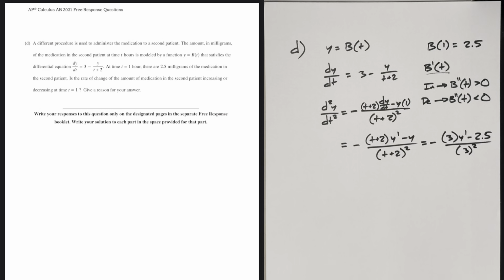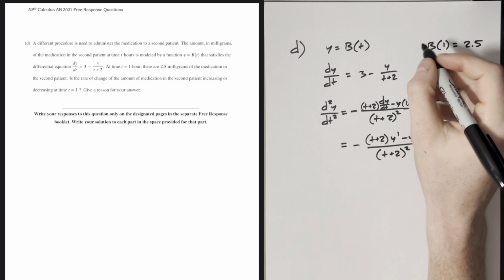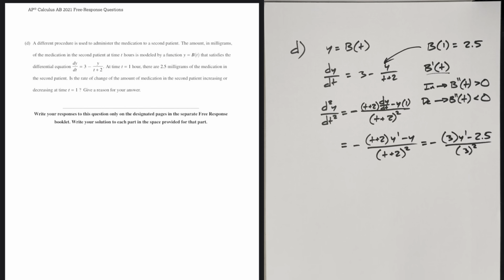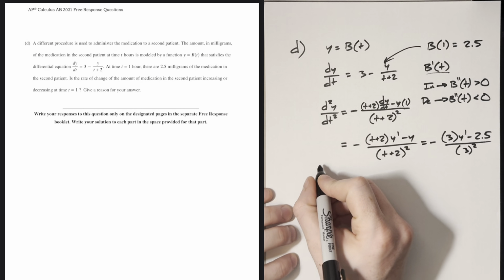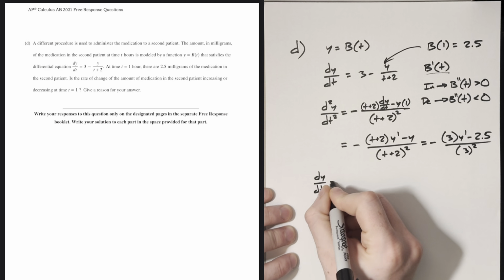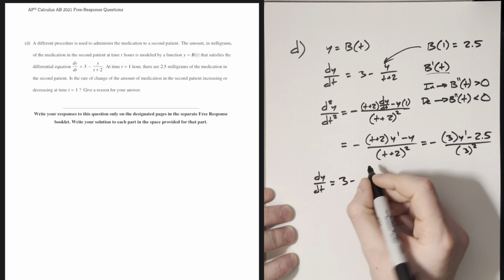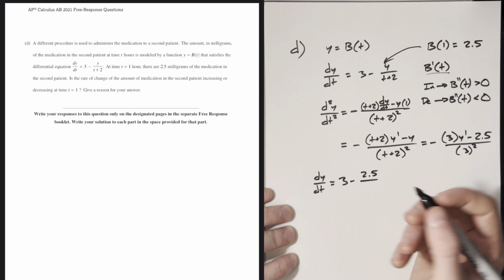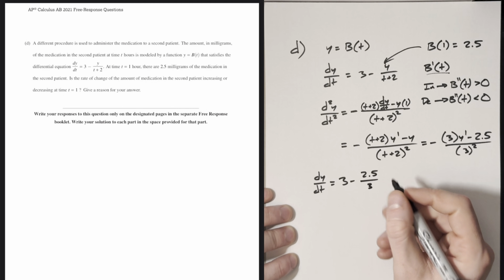So all I need now is y prime at the point. To get that, I can plug my initial condition into the differential equation. That gives me dy/dt at this point is equal to 3 minus 2.5 divided by 1 plus 2, which is 3.